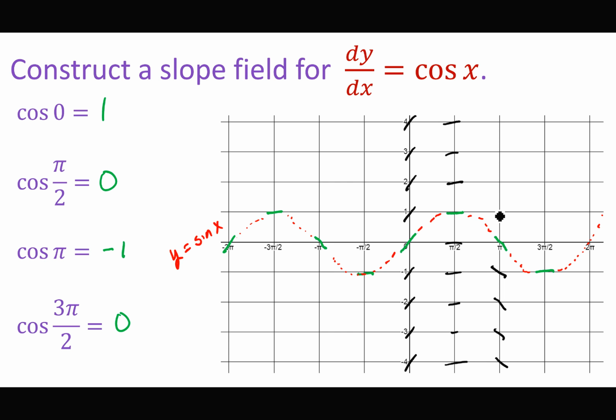No matter what constant c I have going on, it's always going to have a slope of negative 1. And then again, 0, positive 1. So this is what a slope field will look like: just a bunch of these little individual line segments. Okay, and I'm going to keep filling this out so we can see exactly what's going on.